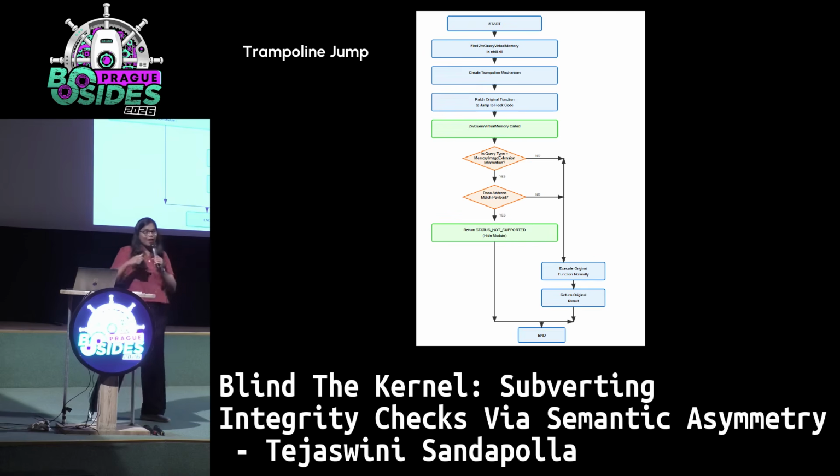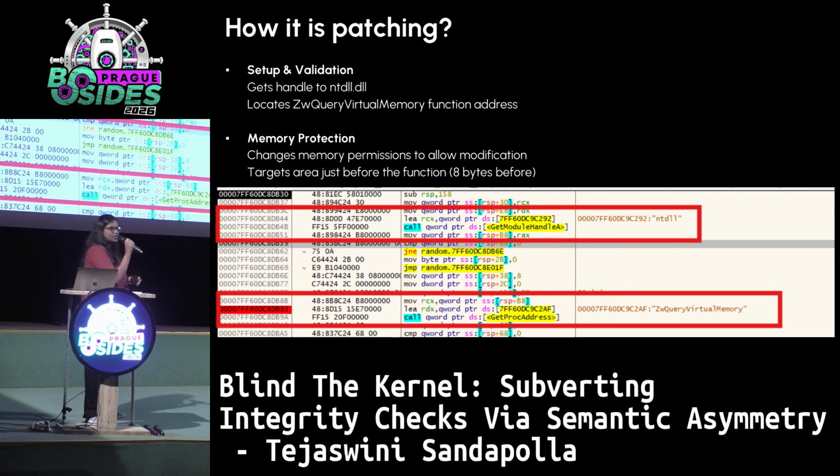Now I will show in the next slides how this has been implemented in the malware. First, to go to that particular address, you use GetModuleHandle to get the handle of NTDLL, and then you use the API GetProcAddress with the parameter query virtual memory, and you get the address of that particular API.